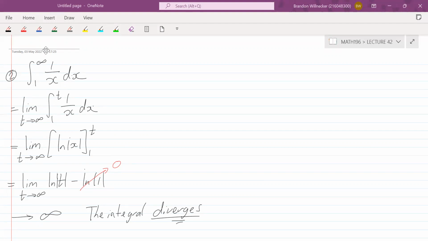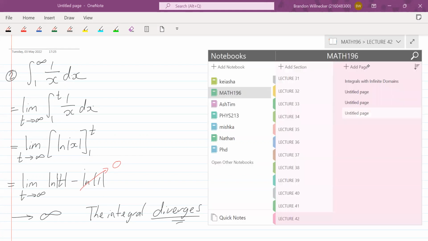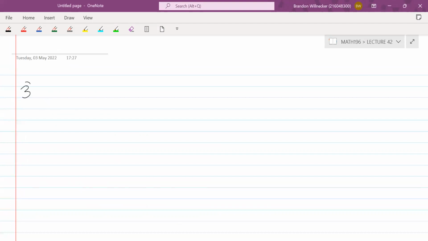Okay, let's take a look at our third example. So we've got example number 3, the integral from 0 to infinity of x e to the minus x dx. Now again, what do we mean with this upper bound being infinity? Well, we mean we're taking the limit.